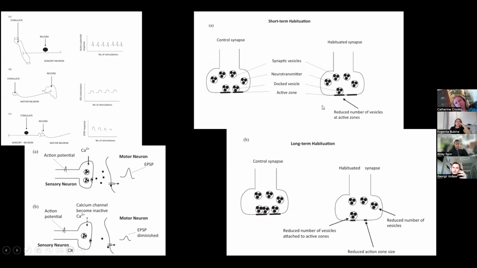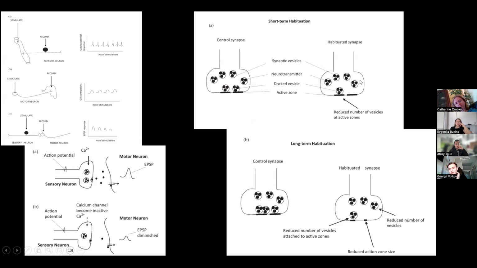And here we see two different types of habituation. Short term, as I described already, is just a lower amount of vesicles and a lower amount of vesicles in the active zone. And long term habituation could last for hours or even weeks or sometimes months.